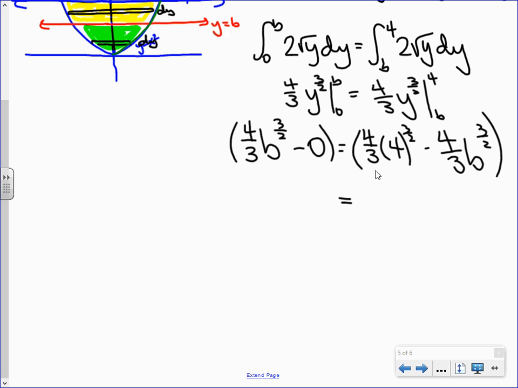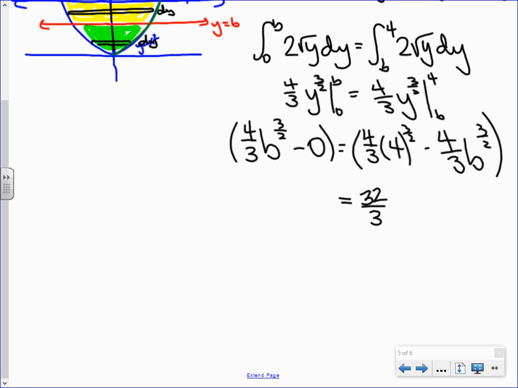Okay, let's talk about 4 to the 3/2. How are we doing on time here? Okay. Square root of 4 is 2, cubed is 8, times 4/3. Let's just keep it as an improper fraction, 32/3.